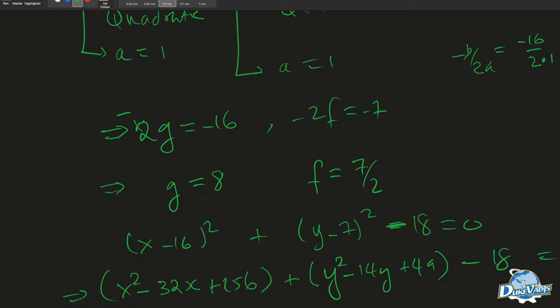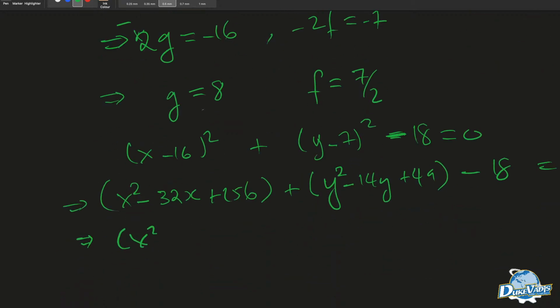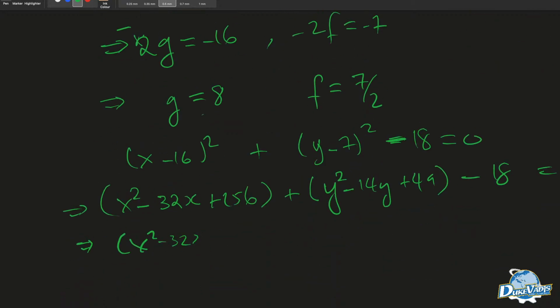So we are going to have x squared minus 2x plus 156, plus the squared, and 7 over 2 squared minus 18 is equal to 0.